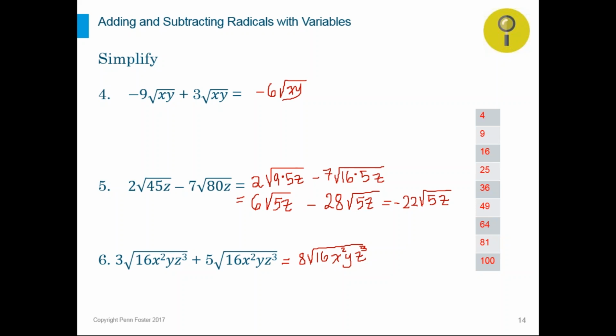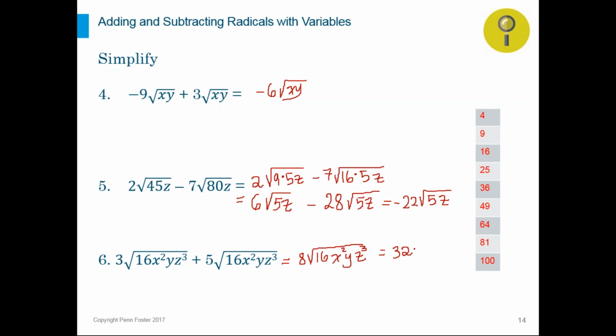Now I see that there are variables with exponents and I see a perfect square number under the square root sign. This is a correct answer but not in simplest form. So to simplify that, I'm going to take the square root of 16, which is 4. 4 times 8 will give you 32. Also, I have x squared. 2 is an even power.